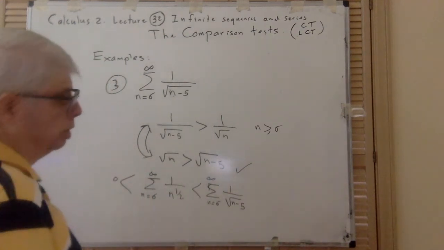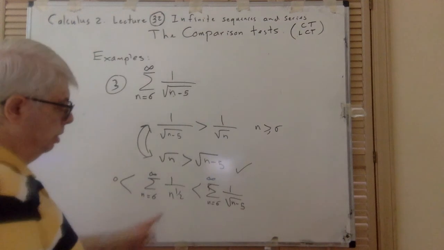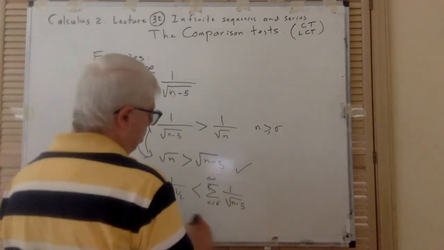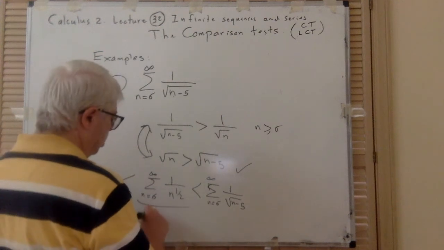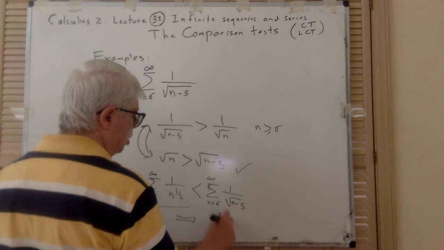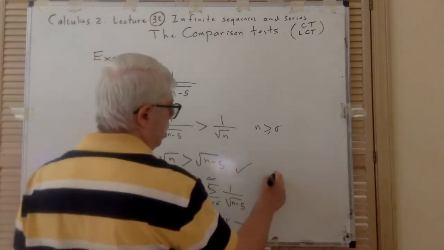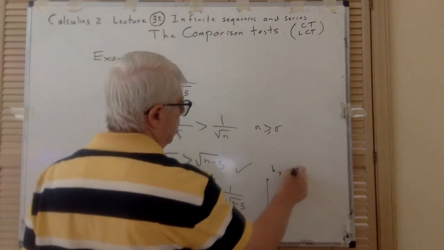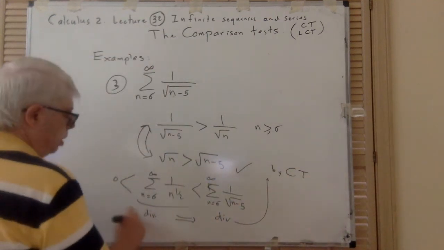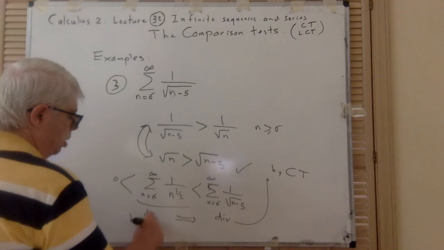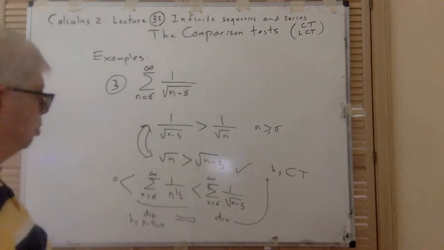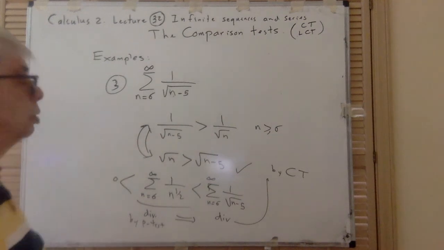Therefore, by the p-test, that is divergent, which implies divergent by comparison test. And why is it divergent? By p-test. The p is 1/2. So by p-test, this is divergent, so the other one is divergent.